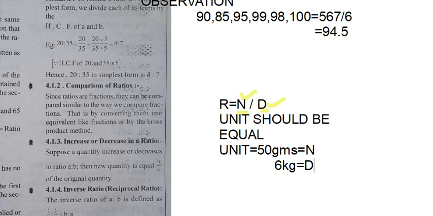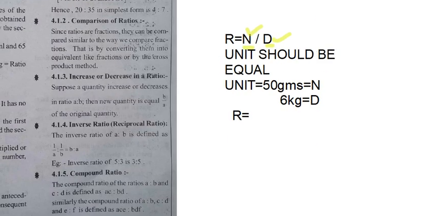When writing in ratio form, can I write 50 grams divided by 6 kgs?